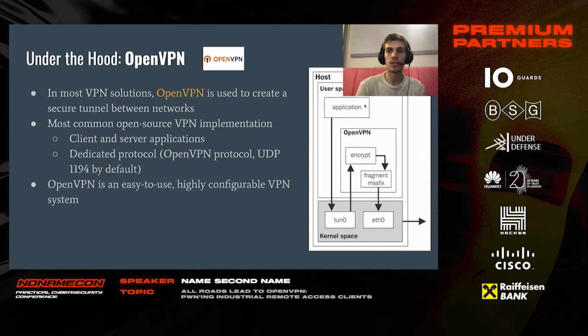We have this application, which is completely unaware of the VPN secure tunnel, but it needs to send data to what it thinks is a nearby device. In our example, Rachel is using this engineering workstation to send data to or read data from a PLC which is actually in the remote location, but this application thinks that the PLC is nearby.